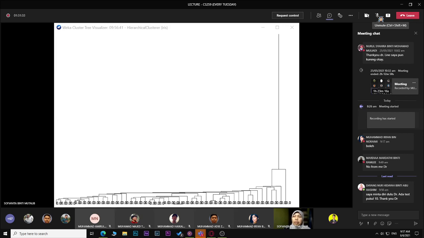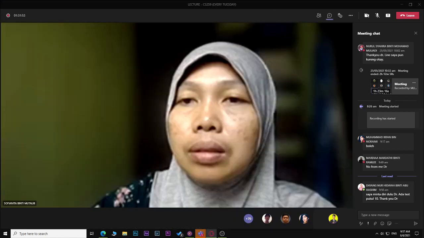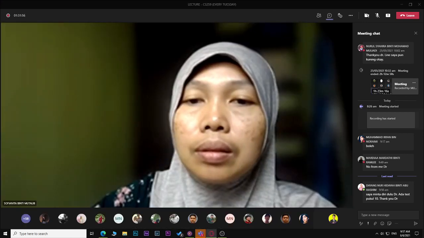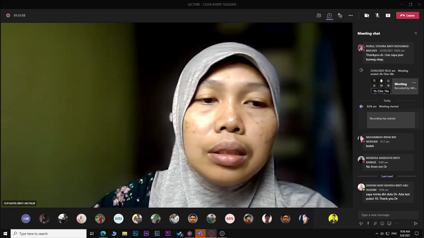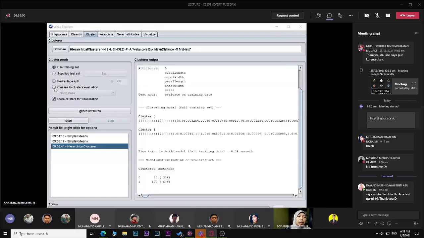Another thing that we can do in Weka is that we can apply clusters for classification purposes. So in order to apply it, you might need to change it into classes to clusters evaluation.